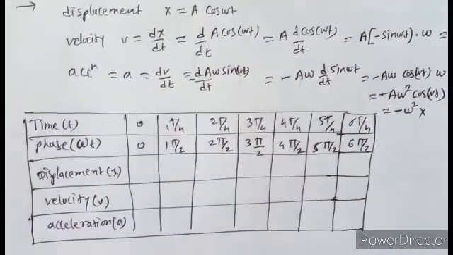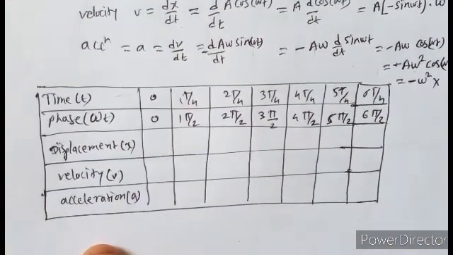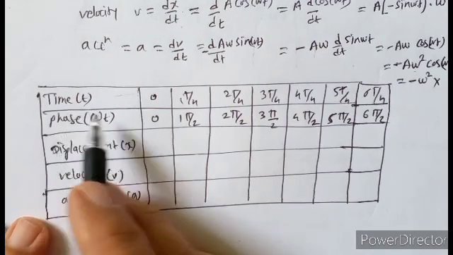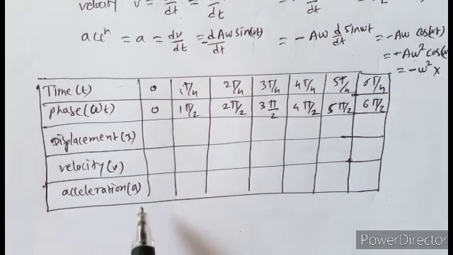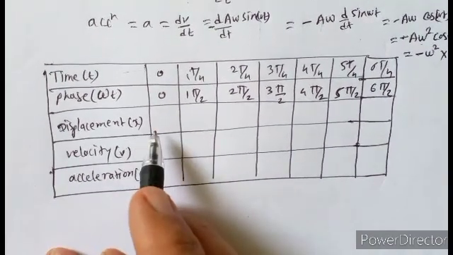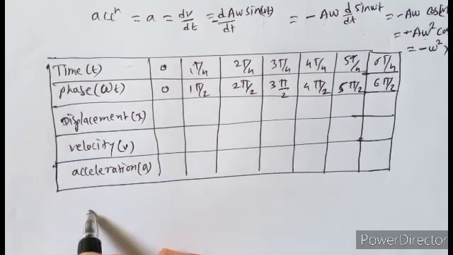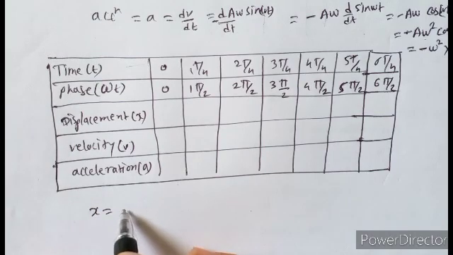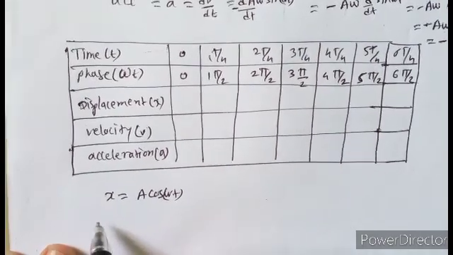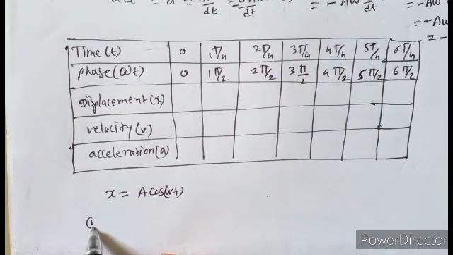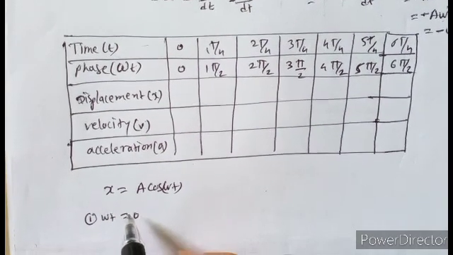Similar to the previous table, we prepare the table for time axis or for phase mode. First we calculate the displacement. We know here displacement x is equal to a cos of omega t. For different values of omega t, first omega t is equal to 0.